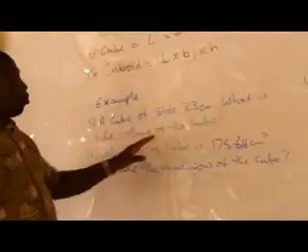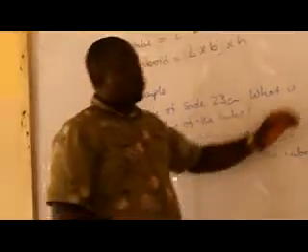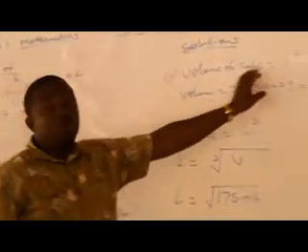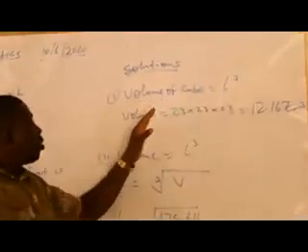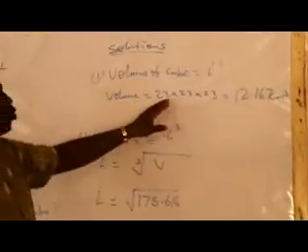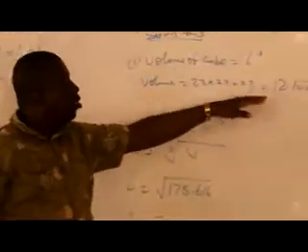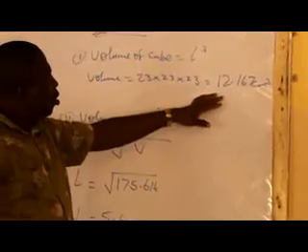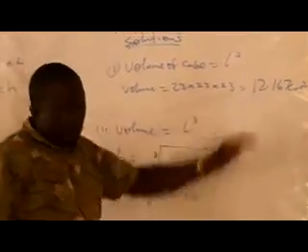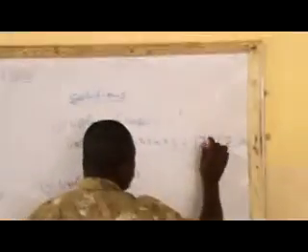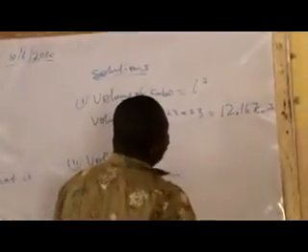What is the volume of the cube? Volume of cube is L cubed, so volume will be 23 times 23 times 23, or 23 raised to power 3. If you press your calculator, it will give you 12,167 cm cubed.